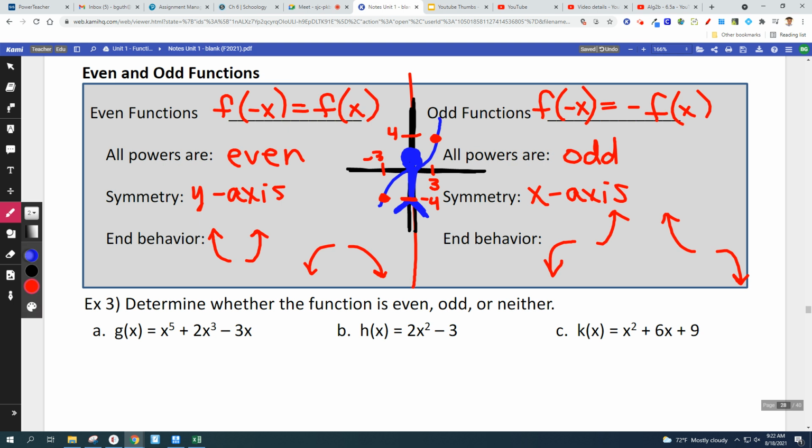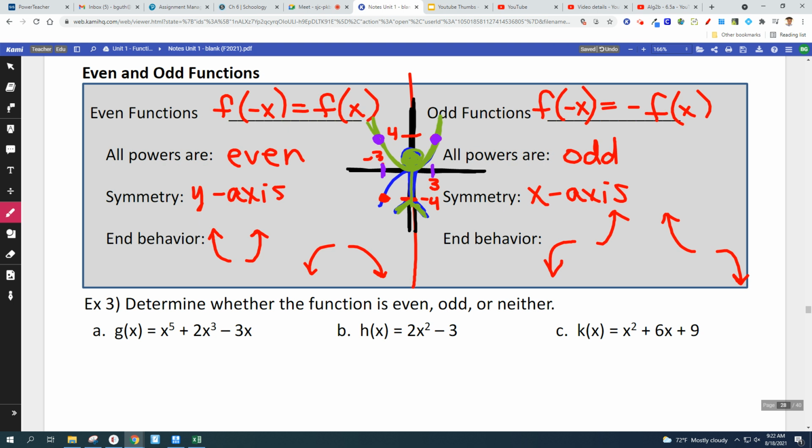Now change it so my arms are an even function. If I plug in that same number 3 and get 4, when I plug in -3, what am I going to get?